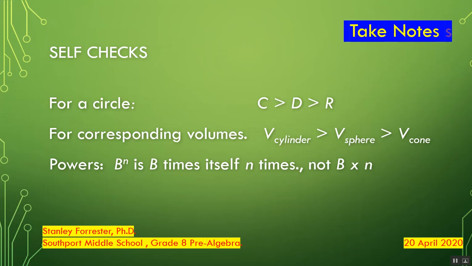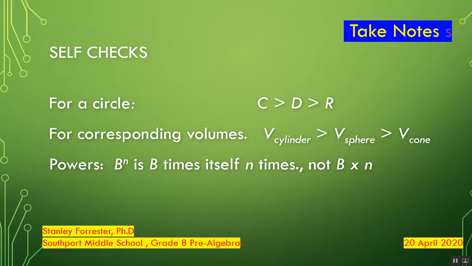Let's say I give you a radius of 5 units and ask you what the diameter is. You know the diameter is going to be bigger than 5 units, but smaller than the circumference. So if you come up with the circumference, diameter, and radius, and the circumference is the smallest of the 3, then you know something went wrong somewhere.